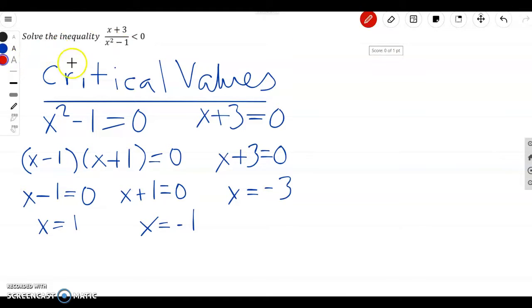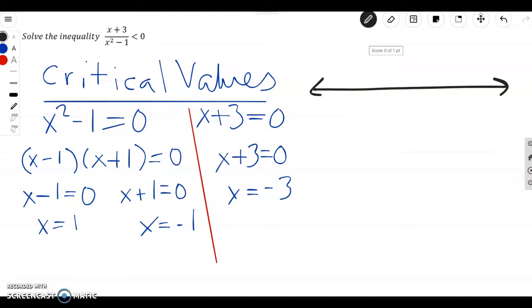So now we're split into two different categories. We have our numerator and we have our denominator. Since these are both on the denominator, these values do not exist on our graph, whereas this -3 does in fact exist on the graph. So let's go ahead and draw our number line. We have three critical values.